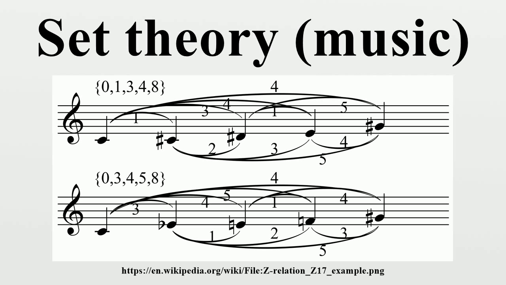Transposition and inversion can be represented as elementary arithmetic operations. If x is a number representing a pitch class, its transposition by n semitones is written Tn = x + n. Inversion corresponds to reflection around some fixed point in pitch class space.